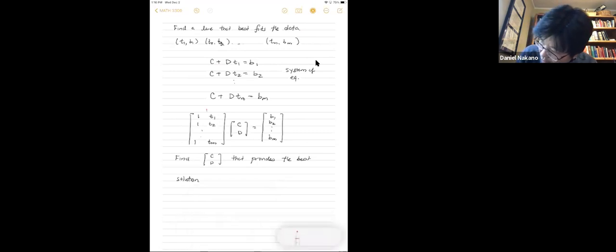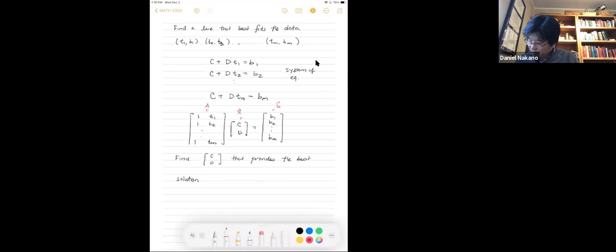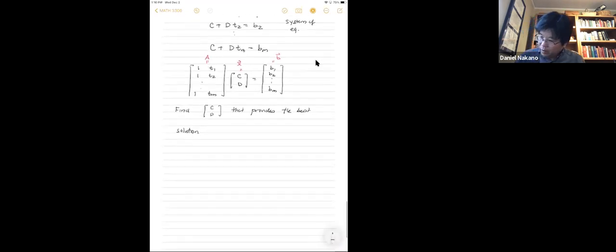This matrix here is A, and this matrix here is B. And this is your X. Now we can just apply the least squares method to find C and D.